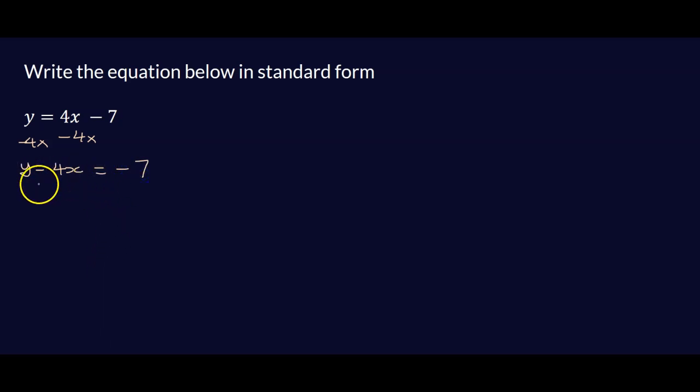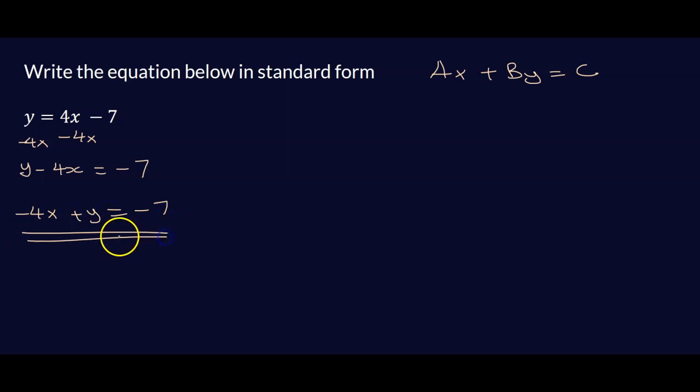We can see here that all the variables are on one side and the constant is on the other side. Now remember that this is the format we're looking for, ax plus by equal to c. So I'm just going to rearrange. I'm going to have negative 4x plus y equal to negative 7. So that is our equation in standard form.